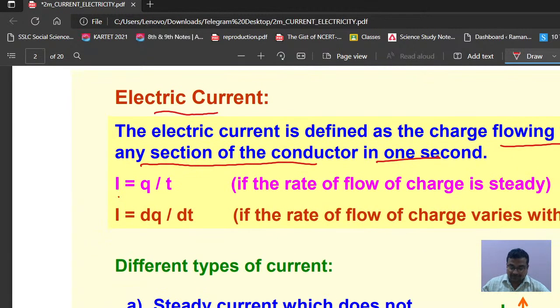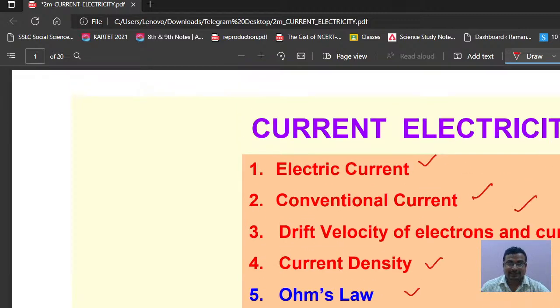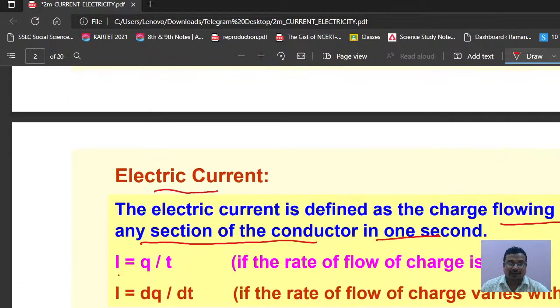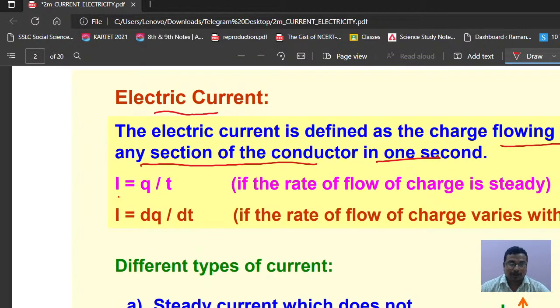So dear friends, today we are discussing the physics topic, current electricity. First, in this topic, we are going to learn about electric current. Electric current is the flow of charge through any cross section of a conductor in 1 second.